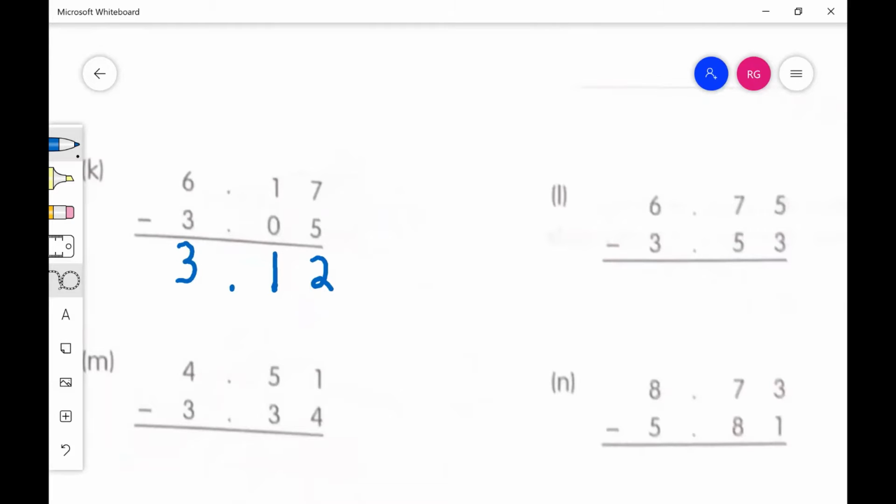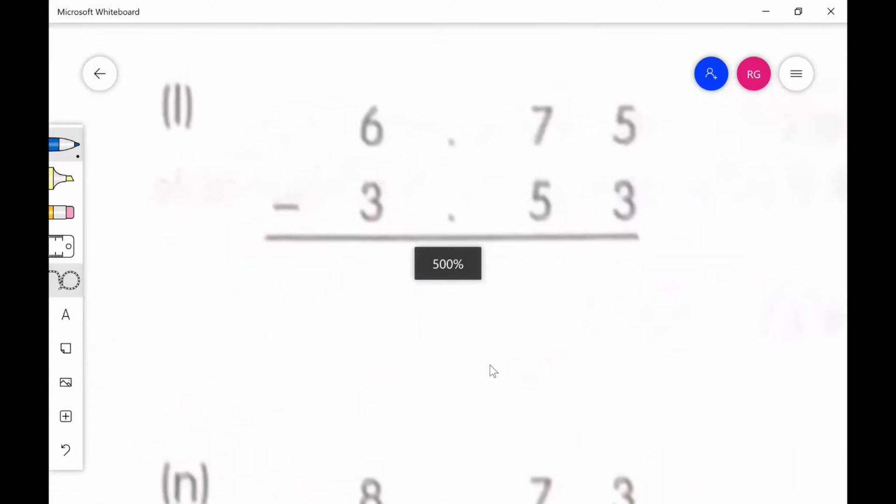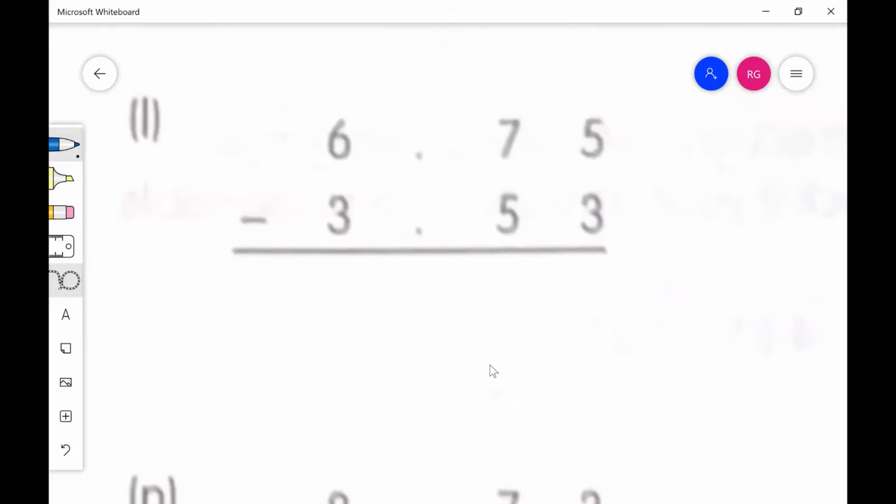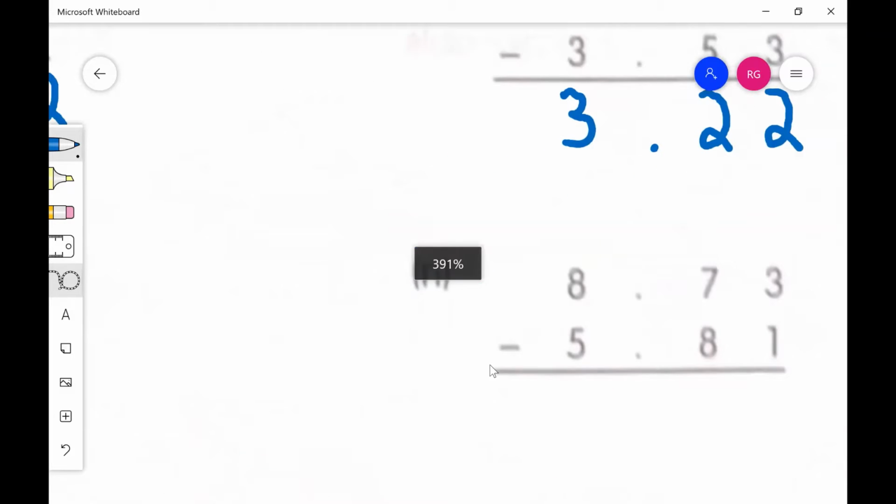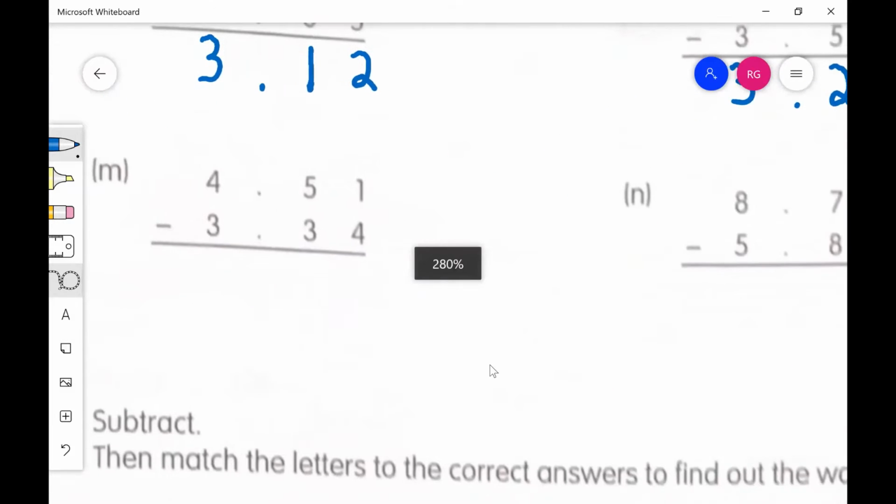Okay, the next one looks like it's part L, and that says 6.75 minus 3.53. Okay, so that's 2, 2, and 3. Should get 3.22 there, or 3 and 22 hundredths.